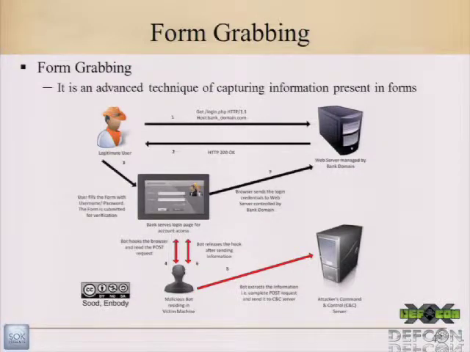In form grabbing, whenever you submit anything, like your credentials, your social security number, account number, or credit card numbers, and you try to submit the information back to the server, the bot actually hooks that information. That's why the technique is known as form grabbing.